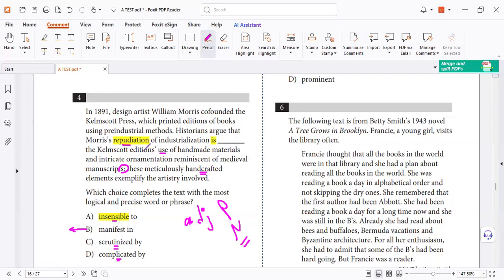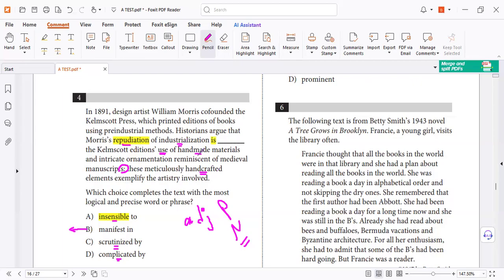So he refused the pre-industrial methods. I mean, he refused the industrialization. He loves the handmade materials. So his refusal of industrialization is evident in his use. This means he does not like industrialization. That's why he used handcraft, homemade. That's why. Feel it?